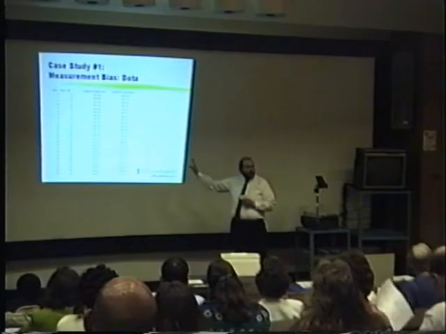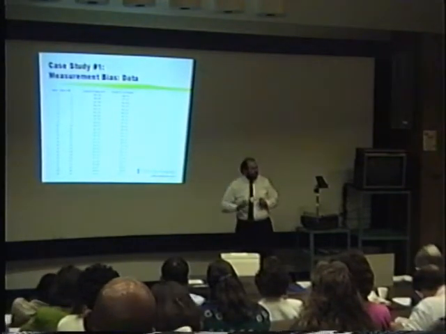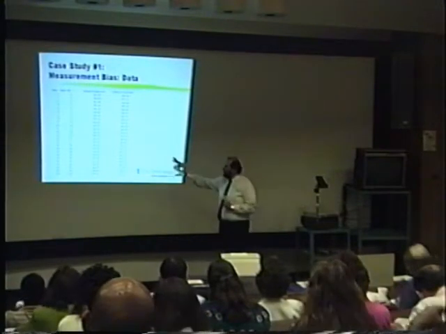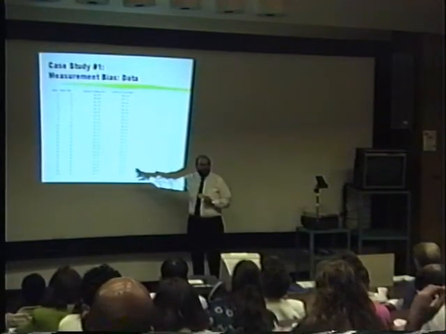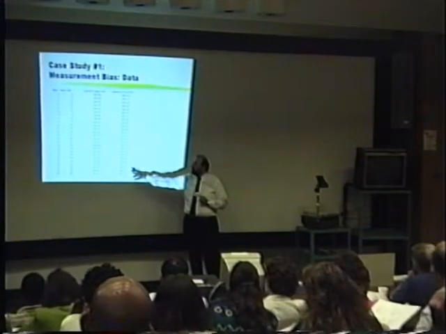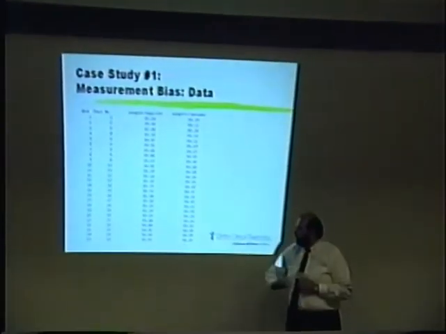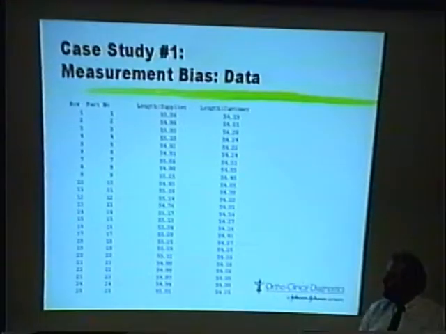And in your handout, you have copies of everything that's being presented, and unfortunately, it's pretty small, so you can't see all the numbers here, but that's not important. Again, the data is available on a diskette that we will make sure we get to you if you so choose.